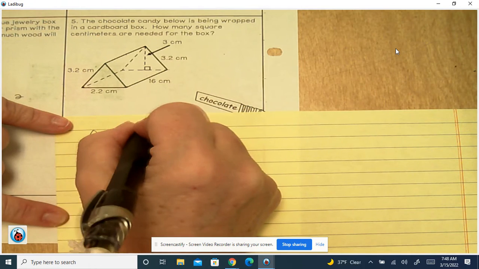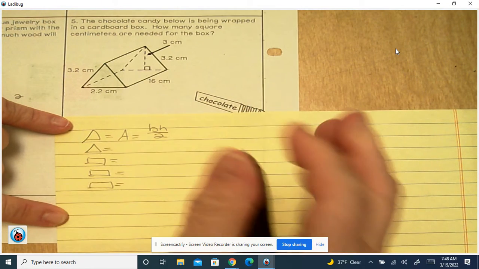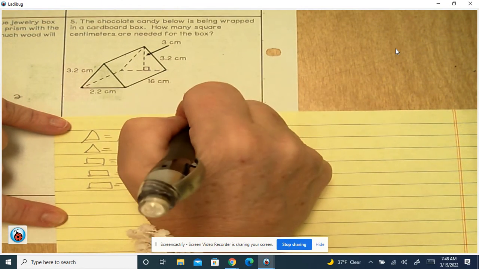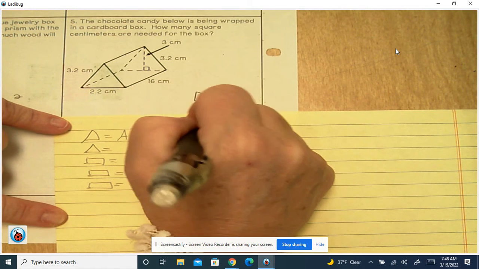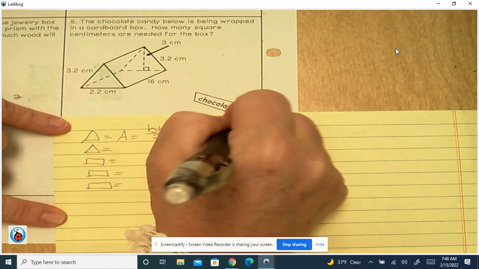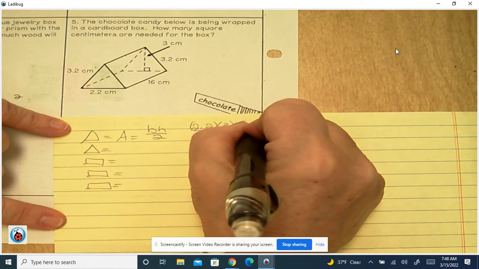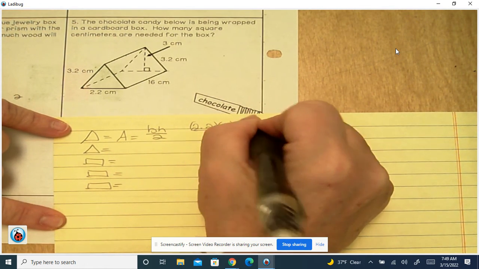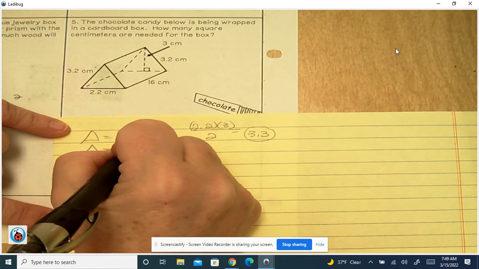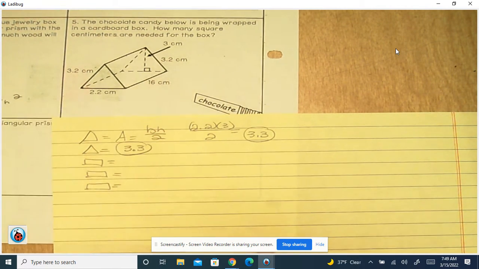So area equals base times height divided by 2, where the base is 2.2 times the height, which is 3, and then divide that by 2, you get 3.3. So if that's 3.3, then this triangle is 3.3.